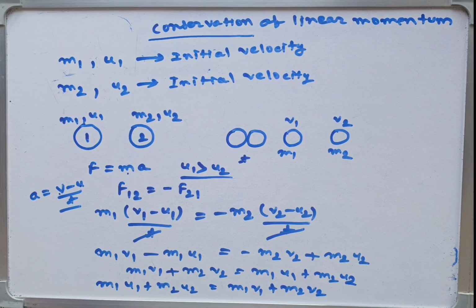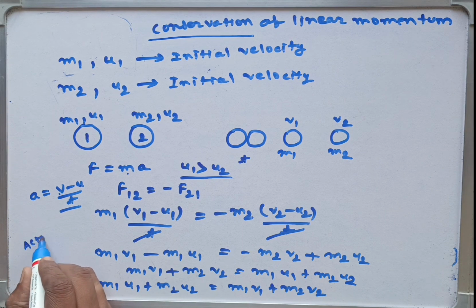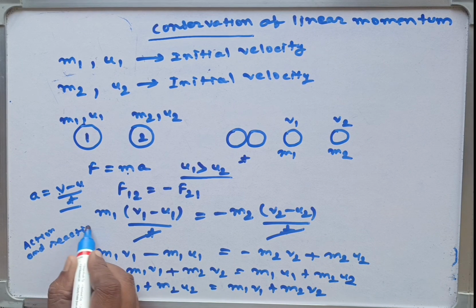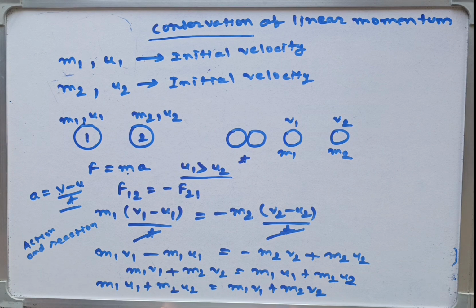So you can now see how the third law of motion, action and reaction, helps us derive this equation. The initial momentum of the system is equal to the final momentum, so these are equal before the collision and after the collision.